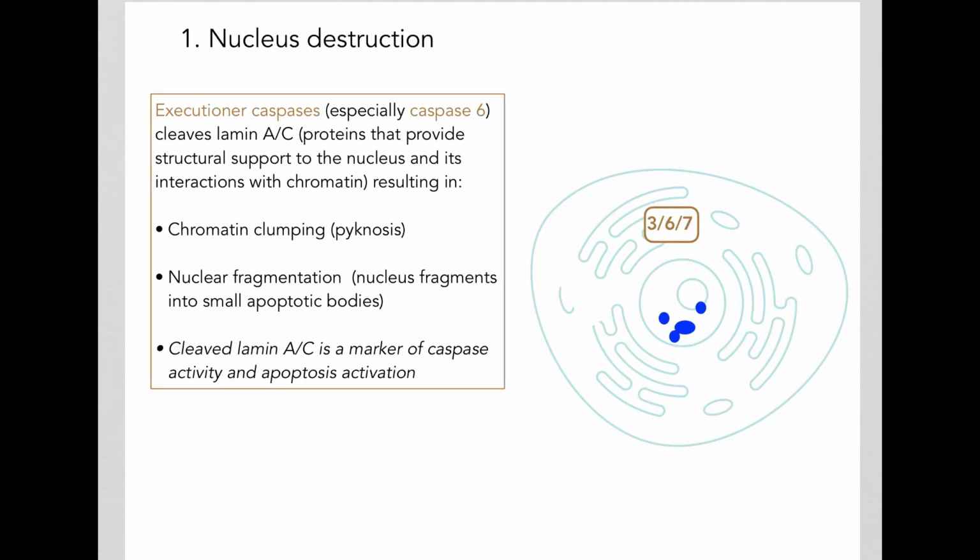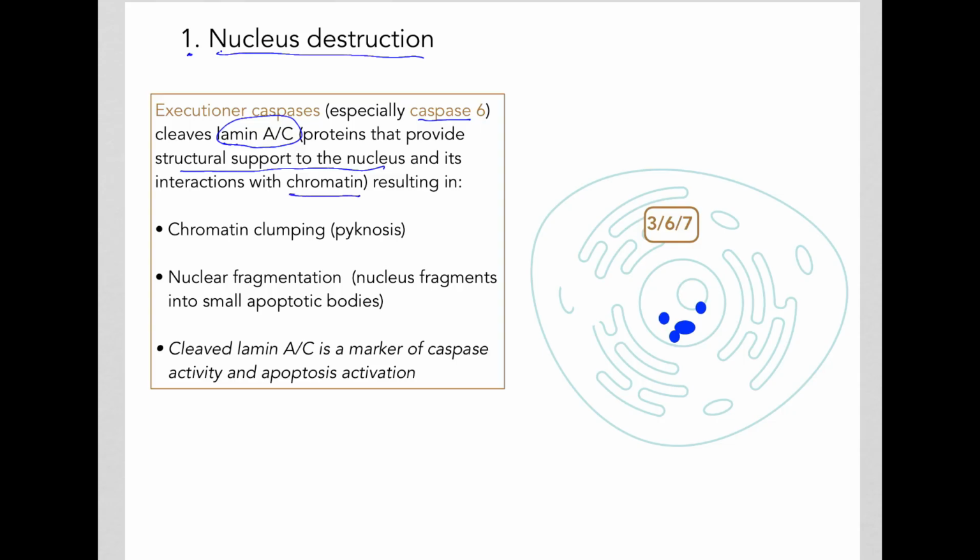Now, one of the effects of the executioner caspase is the destruction of the nucleus. Executioner caspases, especially caspase 6, cleave proteins called lamins A and C. These are proteins that provide structural support to the nucleus and also mediate the interaction of the chromatin with the nucleus.